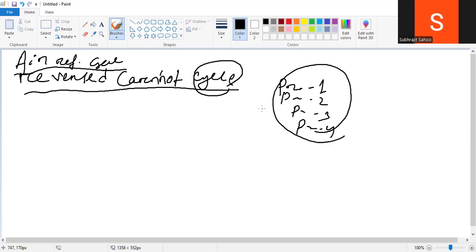Before discussing the reversed Carnot cycle, let me tell you something about the Carnot cycle first, because the opposite of the Carnot cycle is the reversed Carnot cycle. Observe, sir.